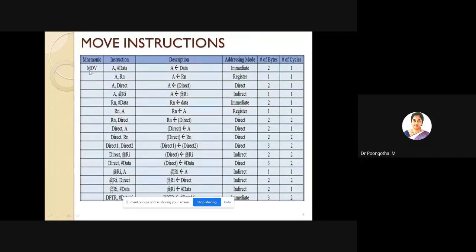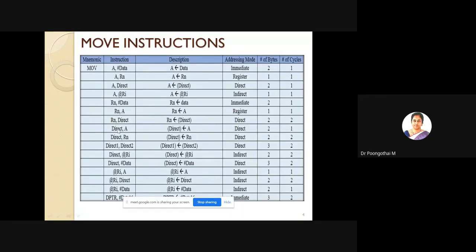The first category, from MOV A, #data to MOV A, @Ri: here A is the destination register. The next instructions, MOV Rn, #data to MOV Rn, direct, have Rn as the destination operand.